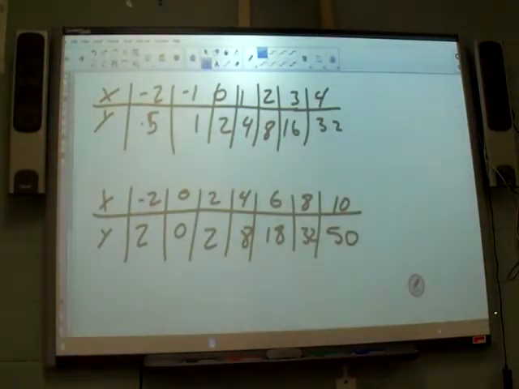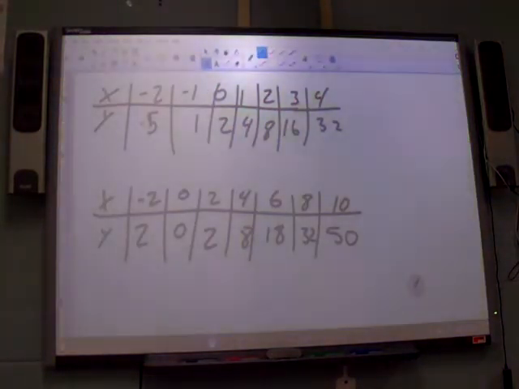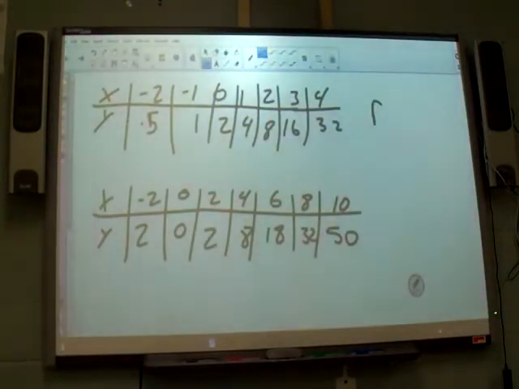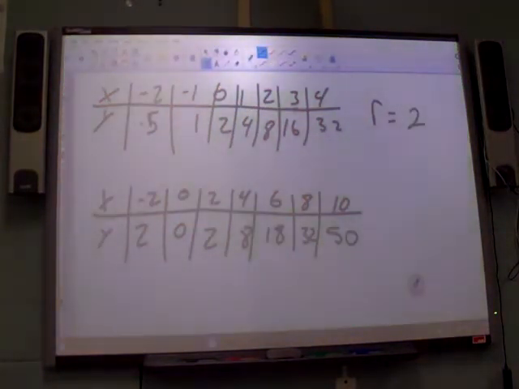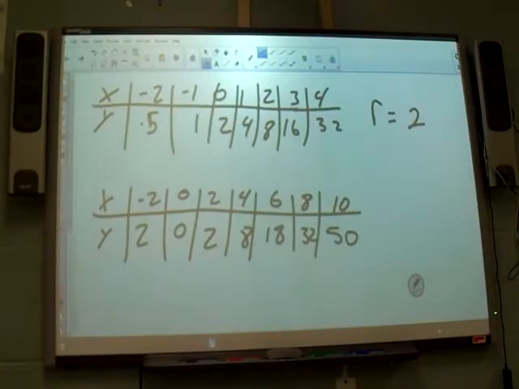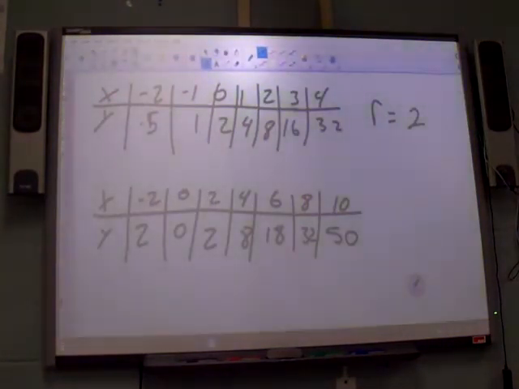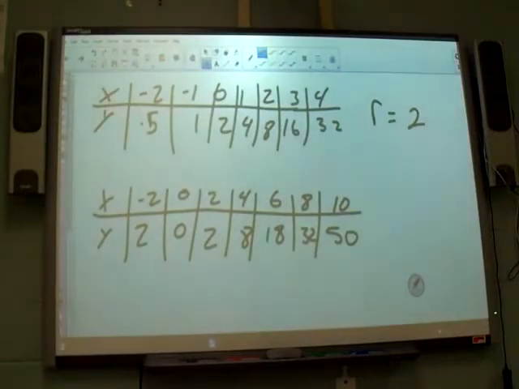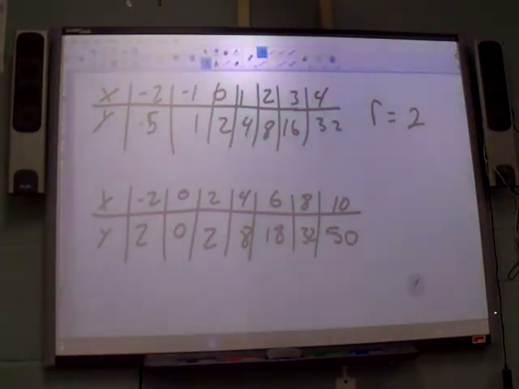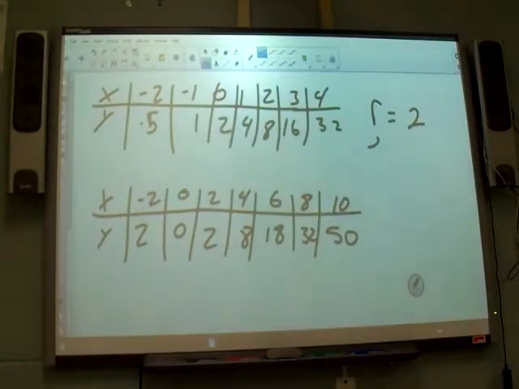In patterns and sequences, if it's being multiplied or divided, that's called a common ratio. So this has a common ratio of 2. It's being multiplied by 2 every time. So the answer to our question, which was describe the type of function represented: when you have a common ratio, if it's being multiplied by the same thing every time, that will make it exponential.